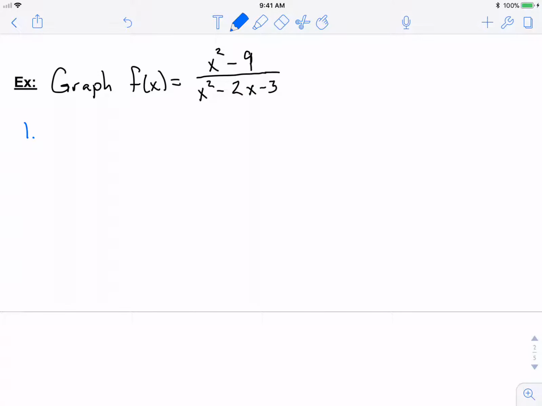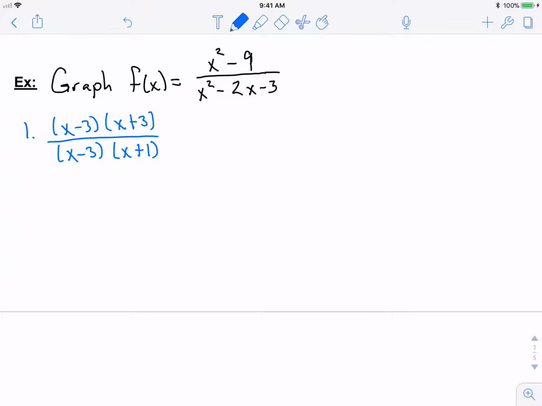Factor the top and the bottom and see if we have any common factors. x squared minus 9 becomes x minus 3 times x plus 3. x squared minus 2x minus 3 becomes x minus 3, x plus 1.